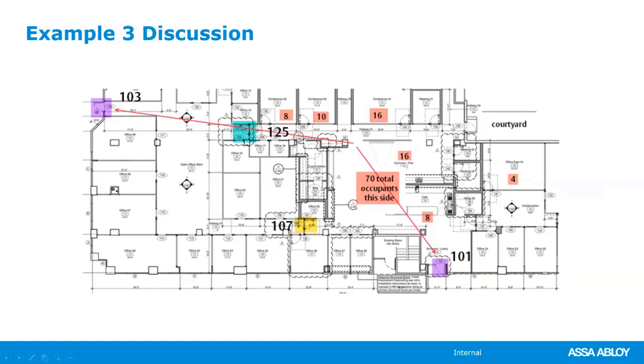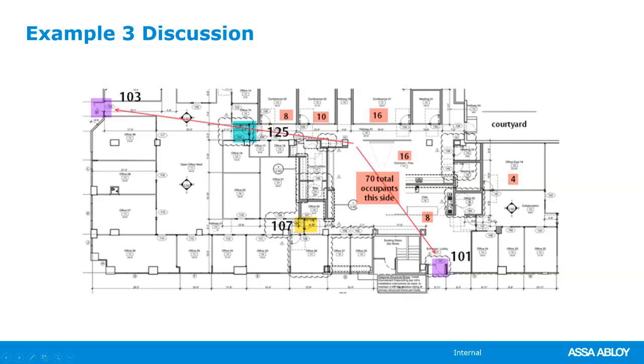The doors in purple are my exits. I've got 1 here and 1 here. So the 70 occupants on this side of the building, my 2 choices for exits at the time of fire would be here and here. That means that door 125 is in my egress path from this side of the building. I can't get to this exit without passing through this door. And you will commonly see this.